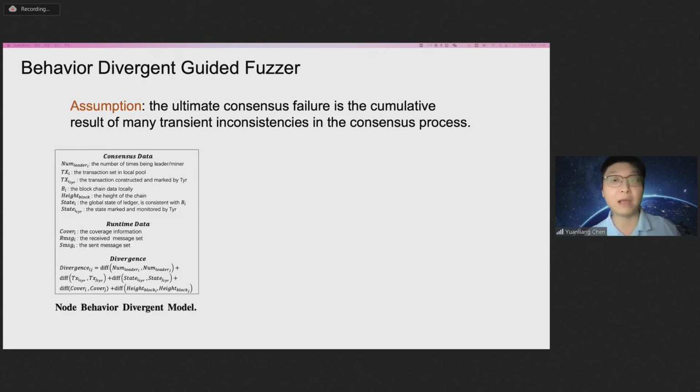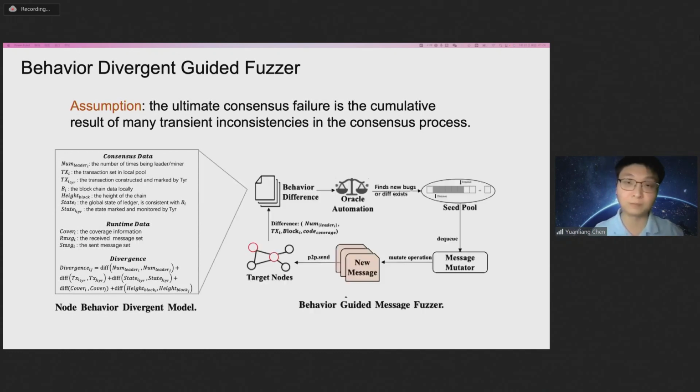TIA first describes the behavior divergent model to calculate the behavior difference between nodes. Two types of data are collected. Consensus data indicates the core consensus states of each node, including leader information, transaction data, block states, and so on. Runtime data presents the key real-time states of each node.